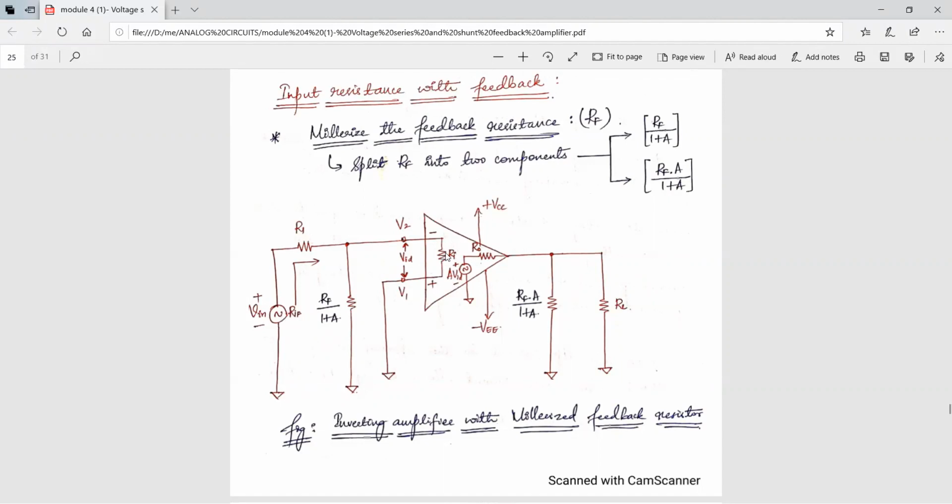So now what we have done is we have millerized the feedback resistance Rf, wherein this resistance Rf is split into two components.